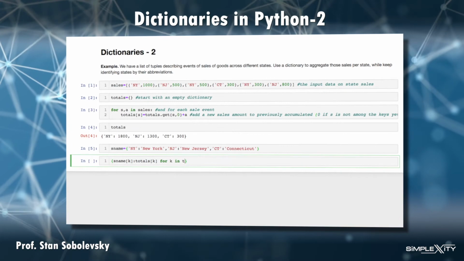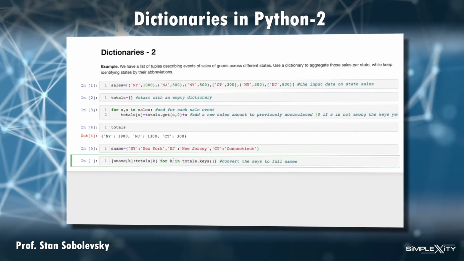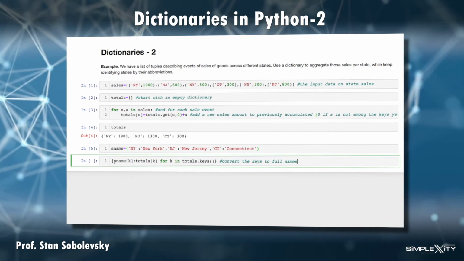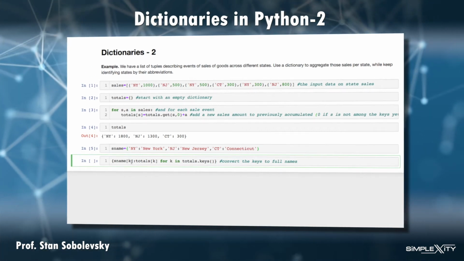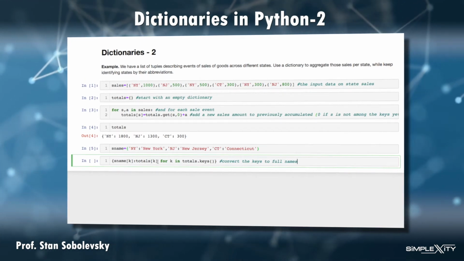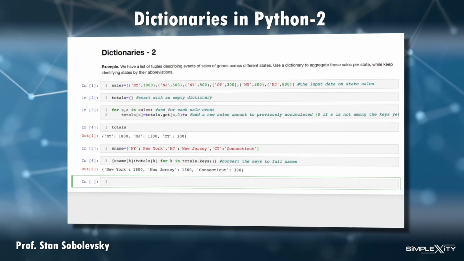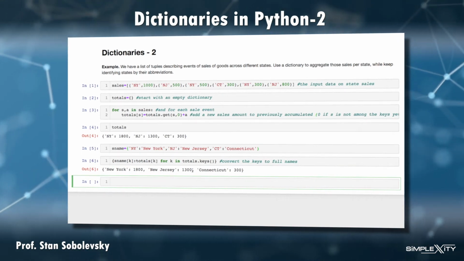For all the keys of our dictionary totals, for every key, we introduce a new mapping rule, putting the full name of the state into correspondence with the total volume of sales for the state. And this way we create a dictionary with full names corresponding to the total sales.